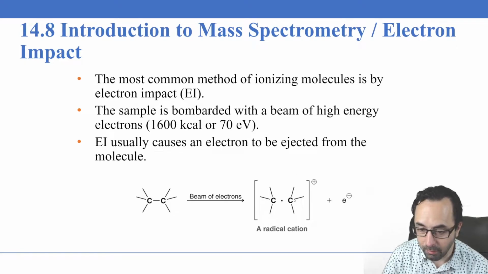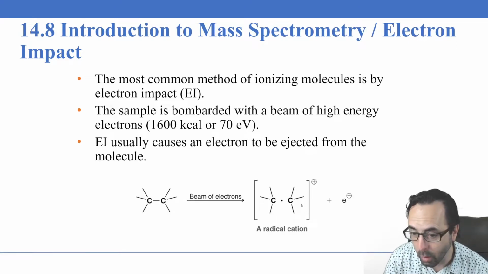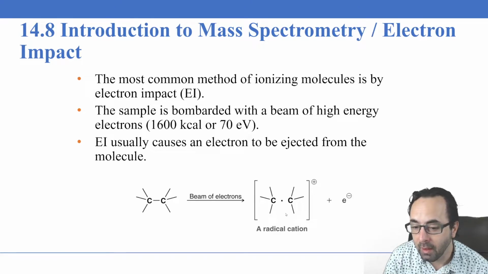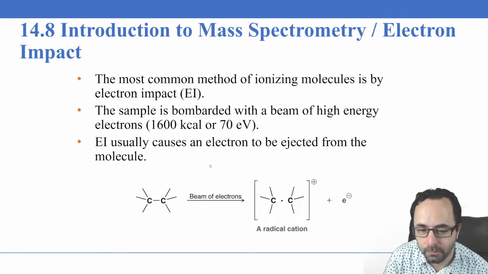Also, you have a cation because the entire structure is now missing one electron, and so it has basically one more proton altogether than it has electrons. So altogether, it has a positive charge, and this is referred to as a radical cation: an uneven number of electrons because it lost one, and a positive charge.